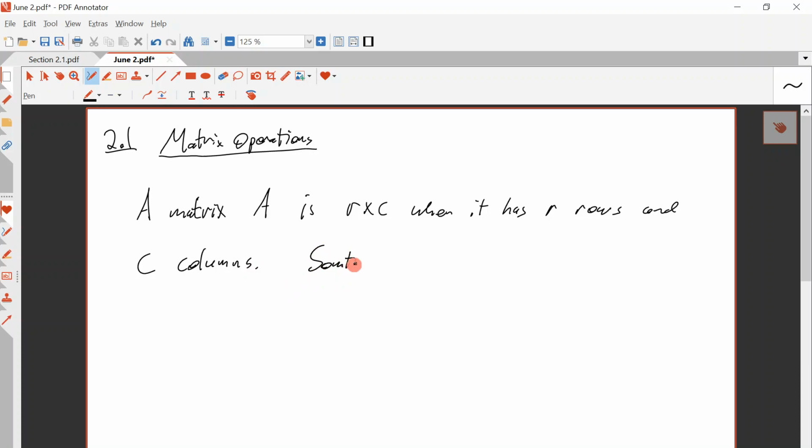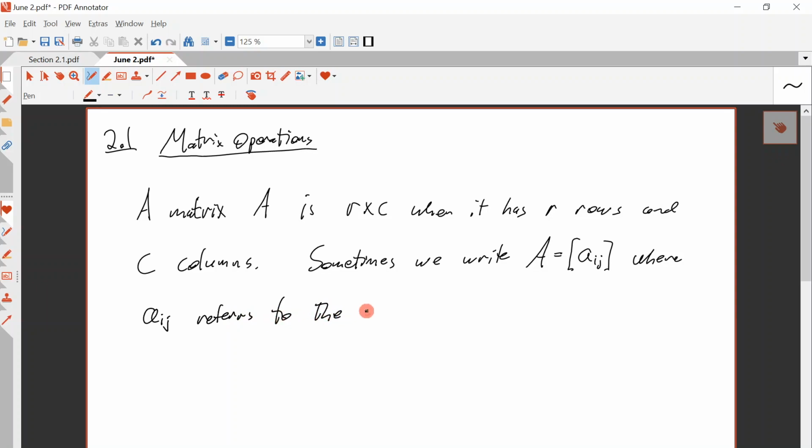Sometimes we write A equal to, and then square brackets or round parentheses, Aij, where Aij refers to the element in row I, column J. So usually, we always list our rows first, columns second.